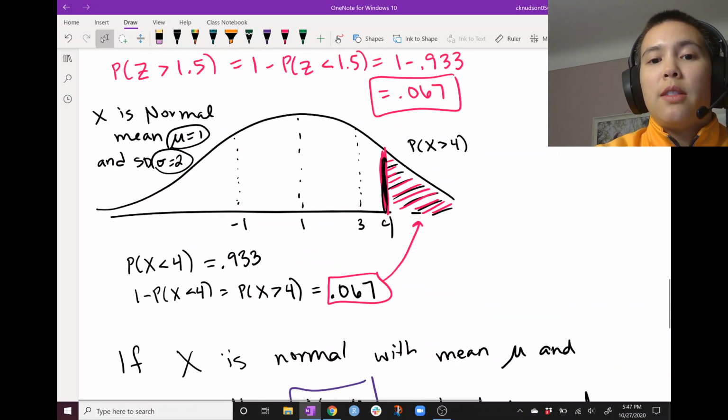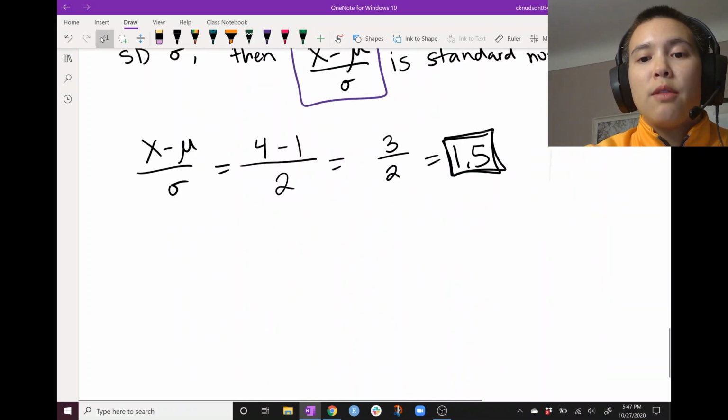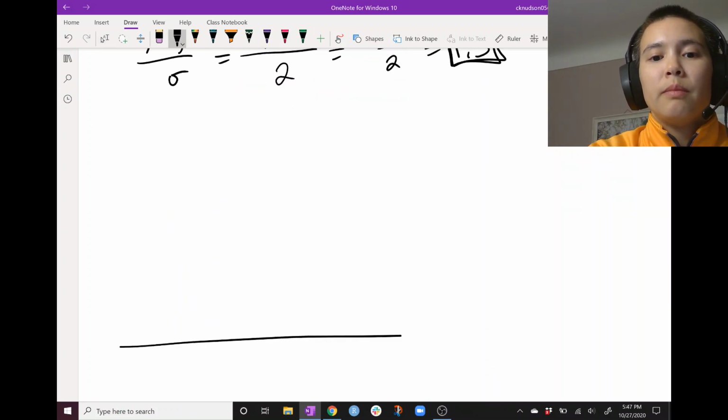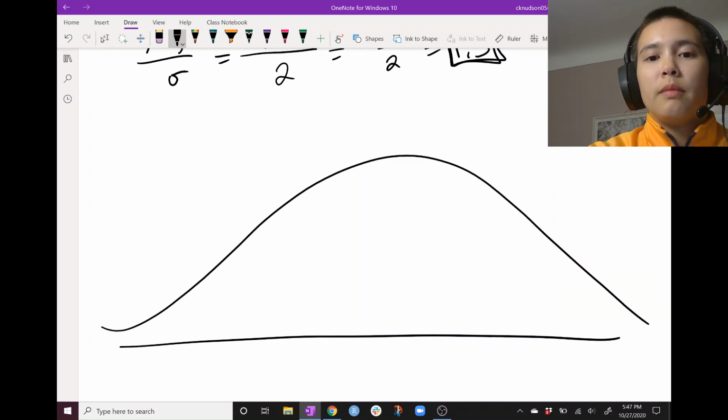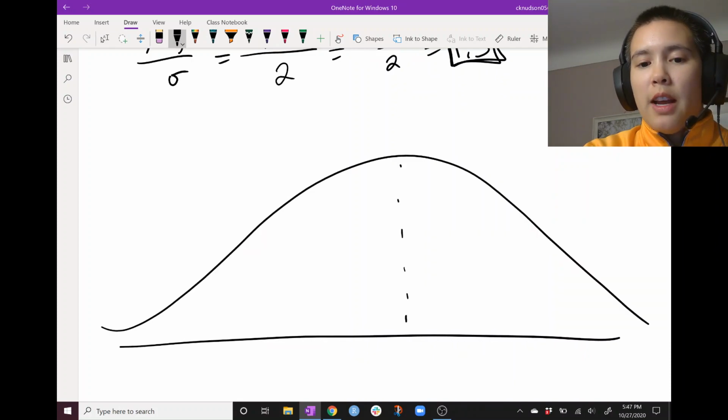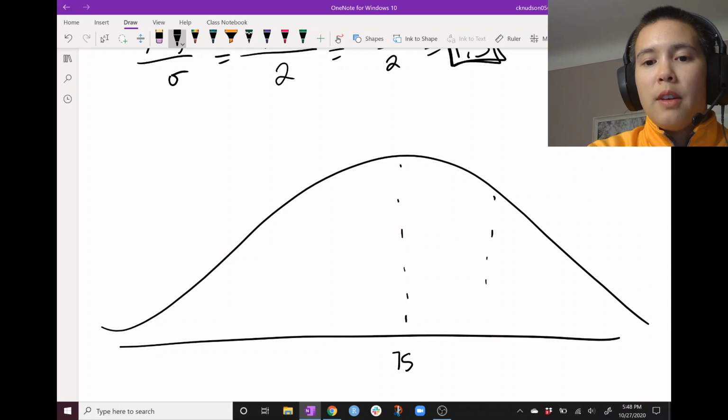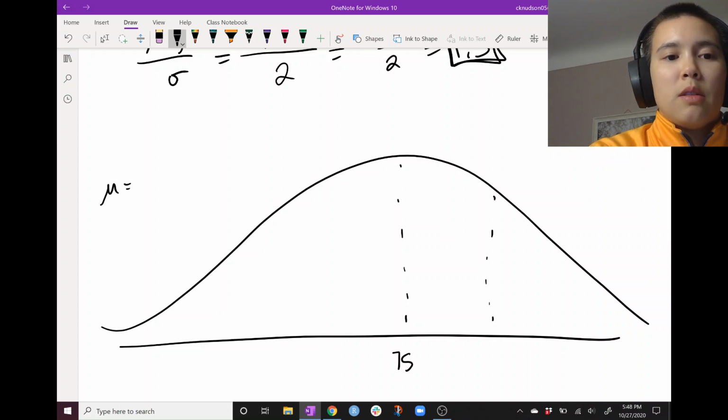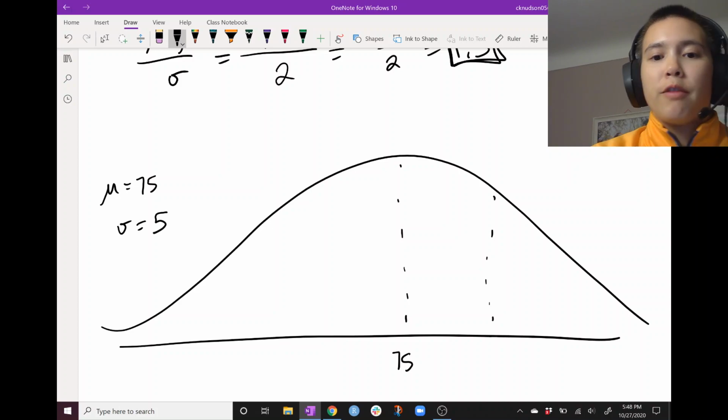So if we were working on the example with the grades from last video, that was centered at 75 and had standard deviation 5.